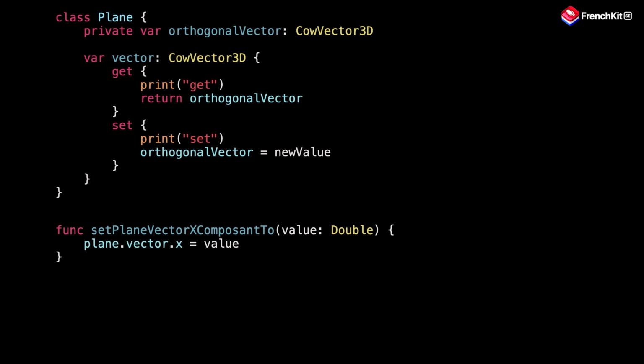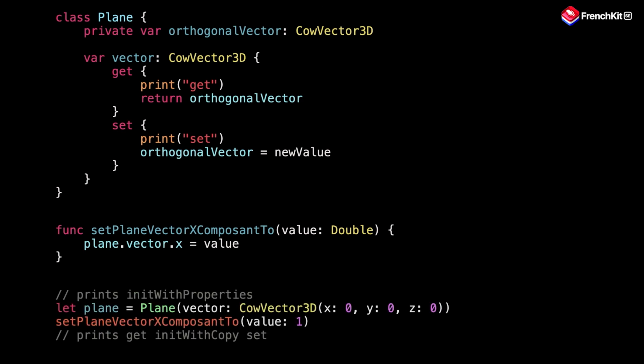And let's use it in a simple case. We're creating a plane and setting the X component to a value which is 1. As expected, when I'm creating my plane, I'm creating a copy and write vector 3D, which prints out init with properties. But whenever I'm modifying it, it prints out get, init with copy, and set.